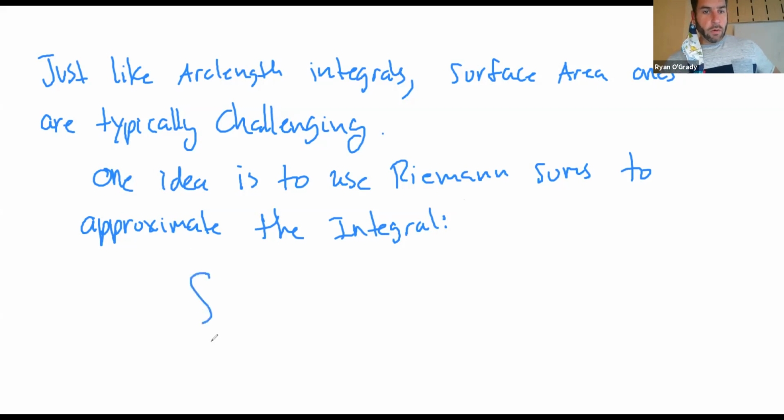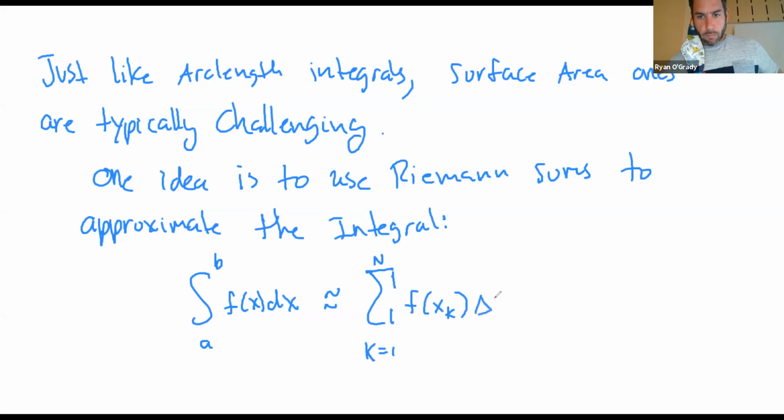In general, an integral of some function, f of x dx, is approximately the value of a Riemann sum, and the approximation theoretically gets better as n increases. But this is one strategy. We're not using series yet. That comes later. Right now this is just a Riemann sum.